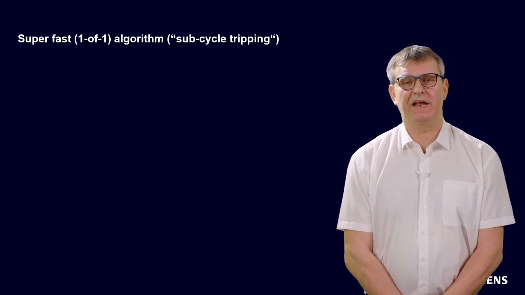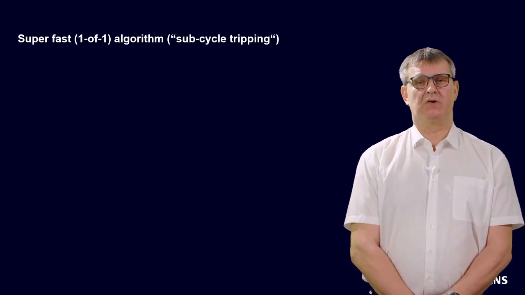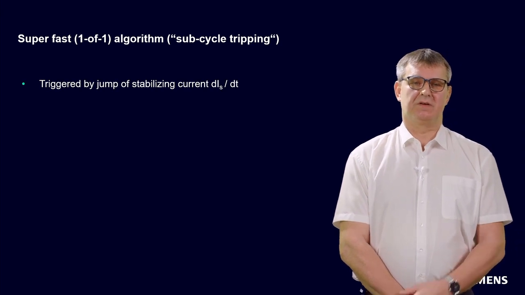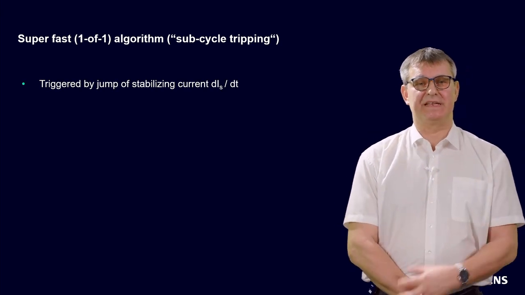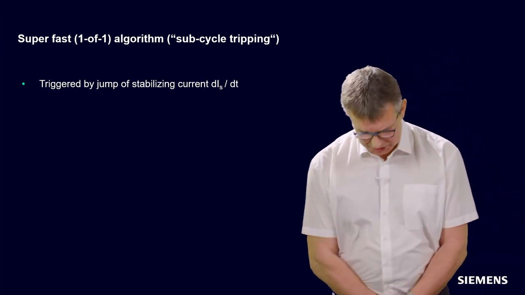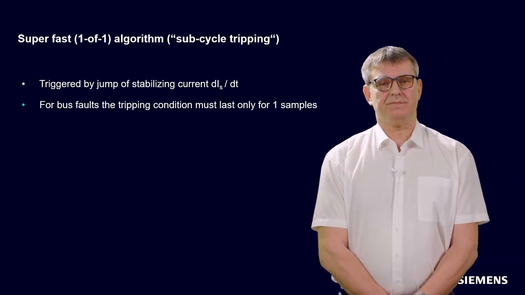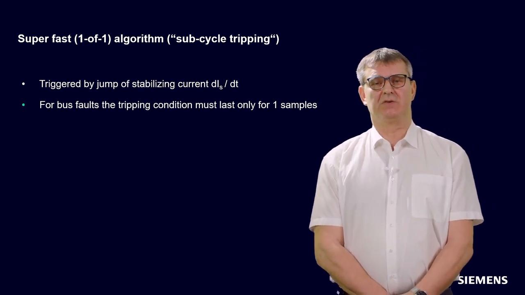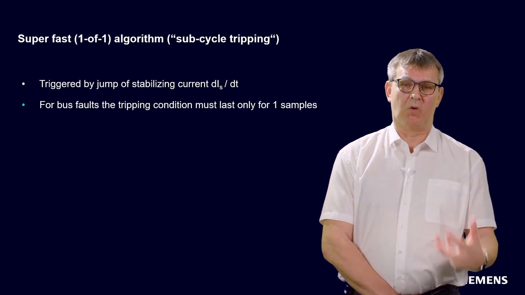The 1 out of 1 algorithm, we call it also the sub-cycle tripping. The characteristic is every time triggered and must be triggered by a jump of the stabilization current. For busbar faults, for internal faults, the tripping condition must last for only 1 sample.